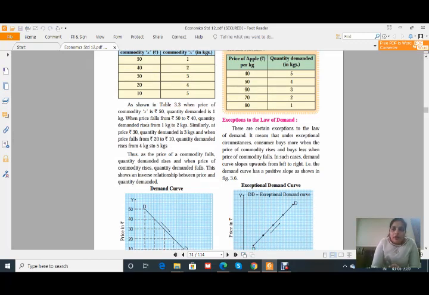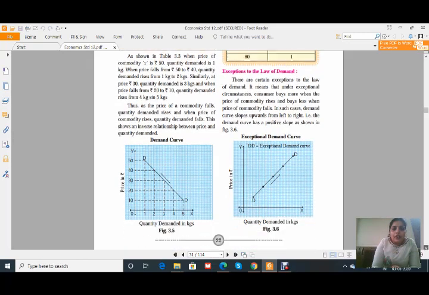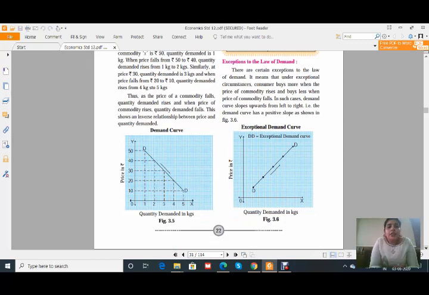So, again you have to show that the demand curve will slope downward, that is from left to right, as price is always taken on the y-axis and the quantity demanded on the x-axis, so that you will get the demand curve. You have to plot this graph in the answer also. You have to plot this diagram, then only you will get 8 marks for this.